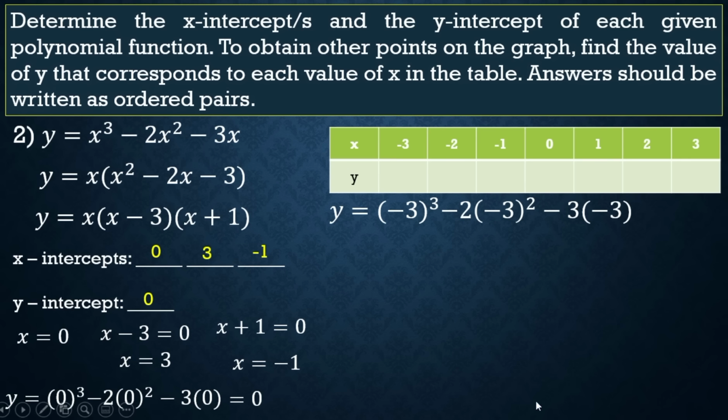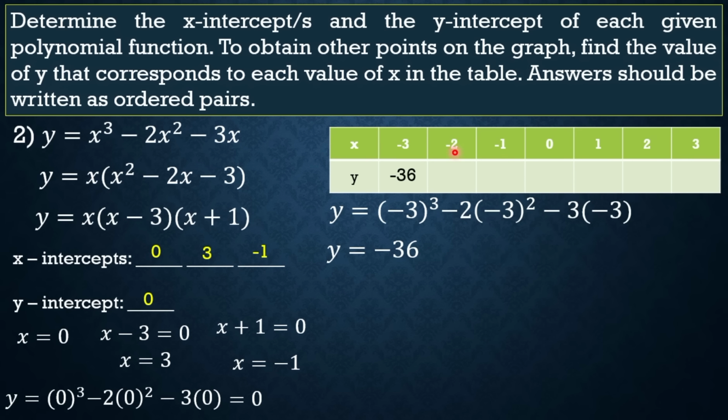Okay, so, that is negative 3. So, papalitan lang natin ng negative 3 yung x natin. So, negative 3 cubed minus 2 times negative 3 squared minus 3 times negative 3. So, itong given natin, pinalitan lang natin yung x natin ng negative 3. Then, simplify. The answer is negative 36.